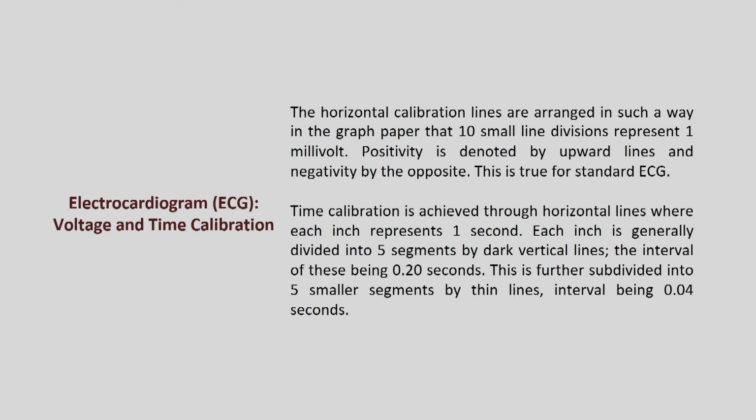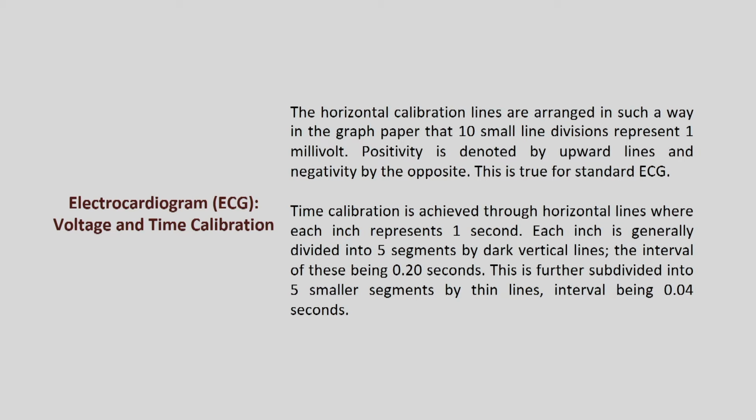Time calibration is achieved through horizontal lines where each inch represents 1 second. Each inch is generally divided into 5 segments by dark vertical lines, with an interval of 0.20 seconds. This is further subdivided into 5 smaller segments by thin lines, with an interval of 0.04 seconds.